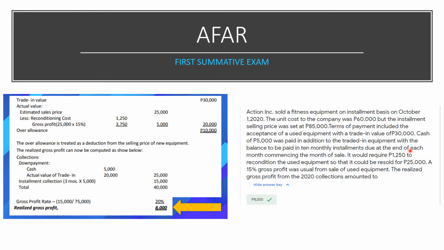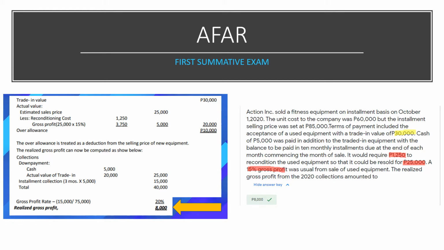The trade-in value given in the problem is 30,000. Okay, so we have 30,000. And we compare it with our actual value. We have the estimated selling price of 25,000, can be resold for 25,000, less the reconditioning cost of 1,250 and the 15% gross profit.